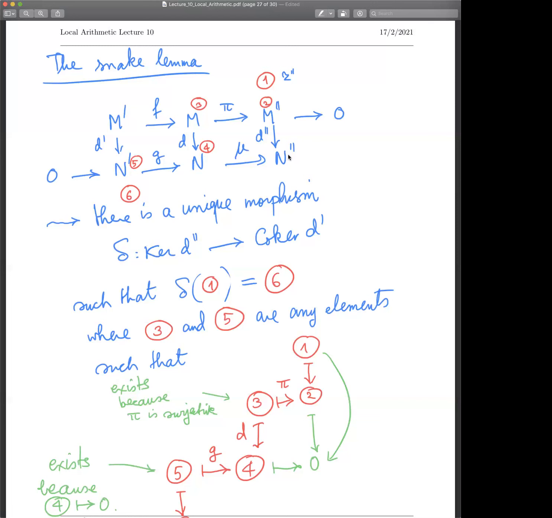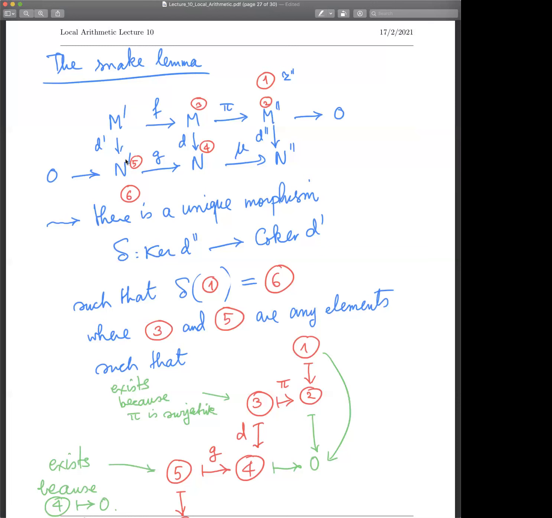If I apply mu to it, it's the same as applying pi to 3 and then applying D prime. But when I apply pi to 3, I get 2. And I apply D prime to 2, I get 0, because 1 goes to 2, and then of course it has to be 0 because it's exact at M prime. So 4 goes to 0 in N double prime.